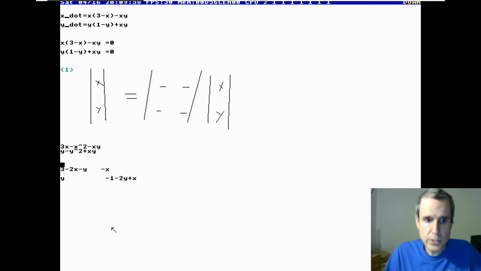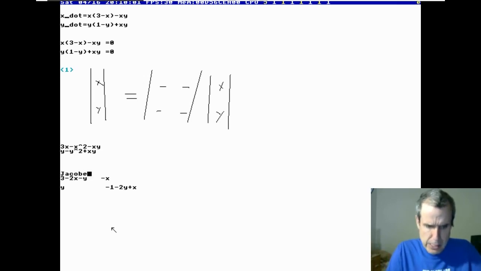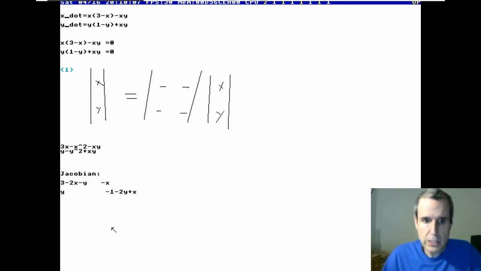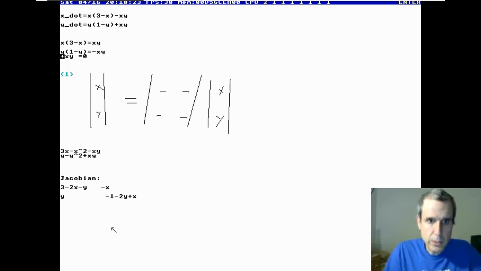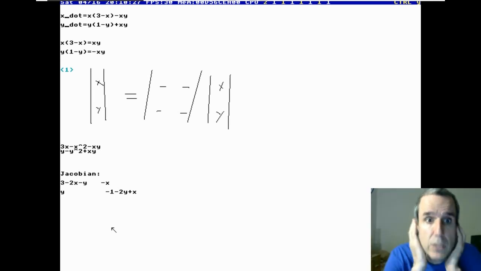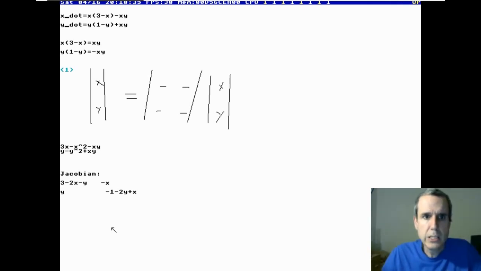And then we'll linearize about, okay, so equals xy. What am I doing? I don't know what I'm doing. I think we want... Okay.